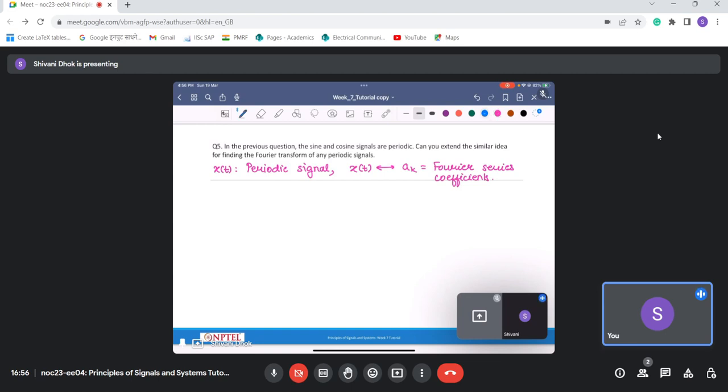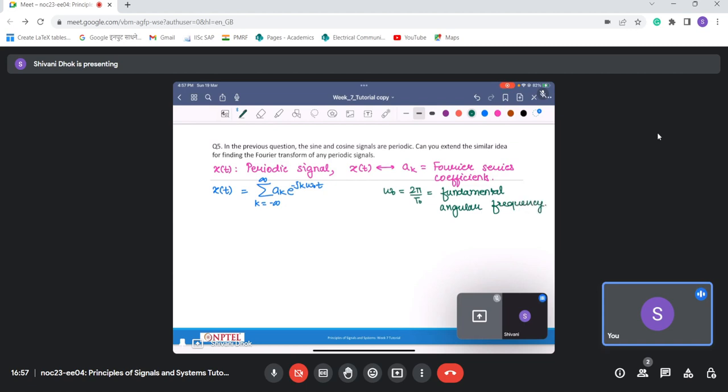We had seen that any periodic signal x(t) can be written as a linear combination of multiple harmonics of its fundamental frequency, that is, e power j k omega naught t, where omega naught is equal to 2 pi by T naught, which is the fundamental angular frequency.